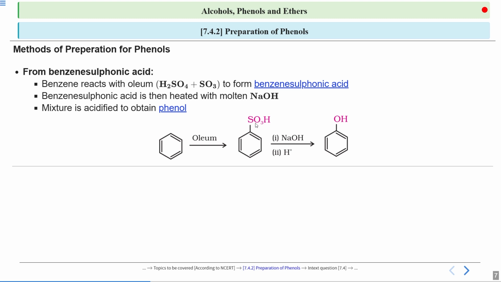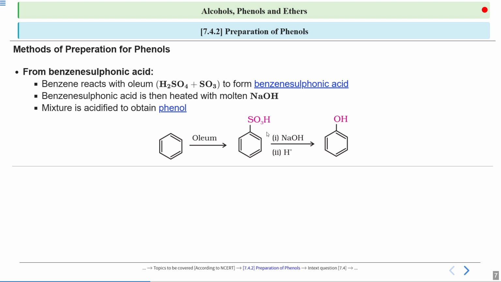Na plus will attack this SO3 minus, and you will get SO3 minus Na plus. That means the acid is reacting with the base and a salt is formed. When an acid reacts with a base, a salt is formed.